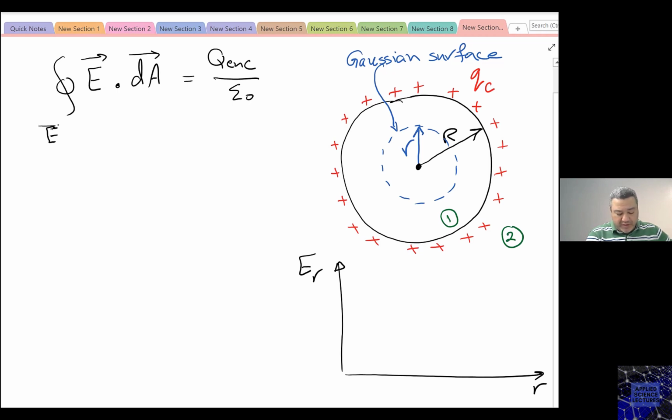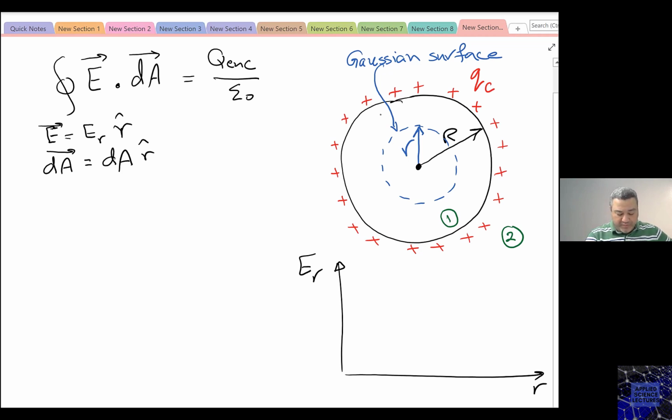Here the electric field vector E equals E_r, which is the radial component. For coordinates at the center of the sphere, we know the electric field points in the radial direction. We take the radial component E_r r hat, and dA, the differential surface element as a vector, equals dA r hat.